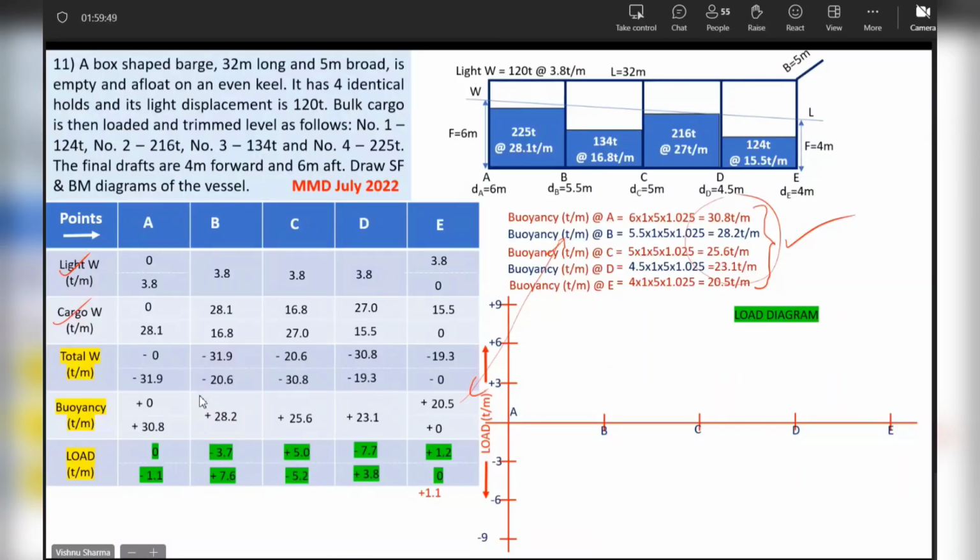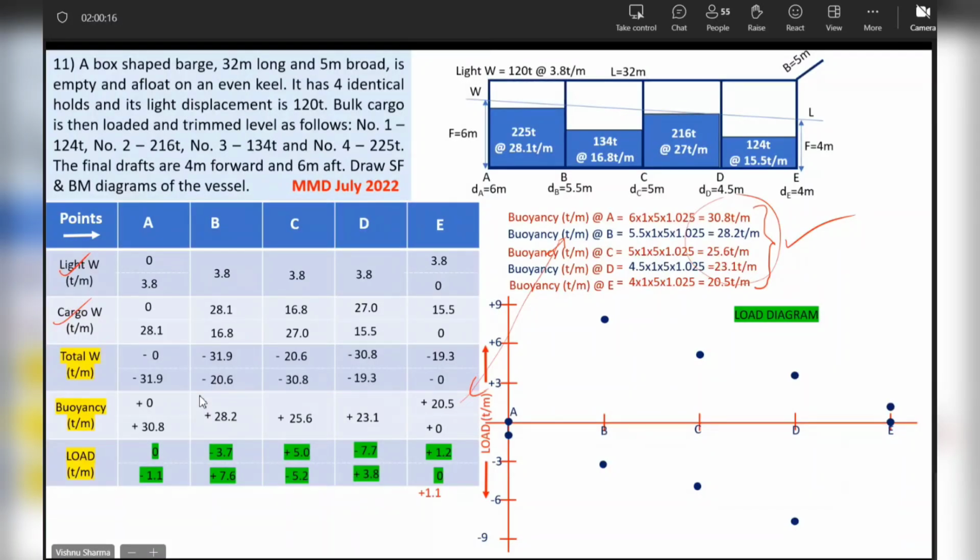Then I plot these values: 0 and minus 1.1, and minus 3.7, then plus 7.6, then plus 0.5, then minus 5.2, 7.7, 3.8, 1.2, and 0. Then from 0, I connected to minus 1.1.